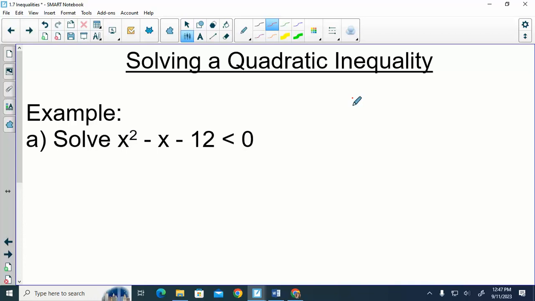Right, so solving a quadratic inequality is kind of like solving a quadratic equation. So if we had an equals 0 here, what would you do? Start by factoring. Let's do that.